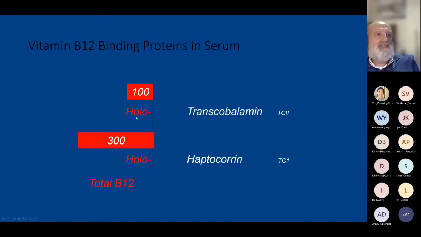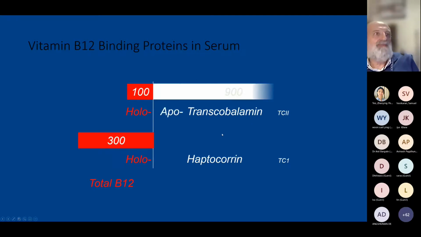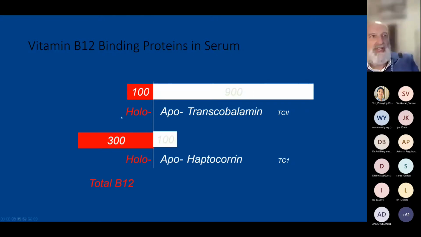And the minor part is bound to a protein called transcobalamin. They used to be called transcobalamin 1 and 2. Now, these proteins, a bit like transferrin, are not saturated. Haptocorrin is highly saturated, 75% full, whereas transcobalamin, a bit like transferrin, is only about 10% full.